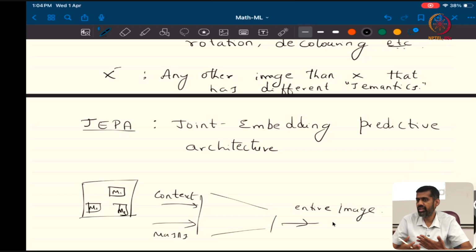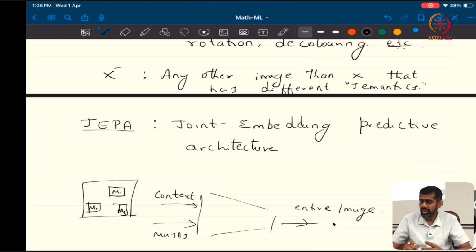The loss is simply the cross entropy, or any favorite loss that you have, between the predicted sequence and the actual sequence. This is called masked autoencoding. This is also called joint embedding predictive architecture. This has also been shown to be extremely strong in learning representations, and this will reduce the requirement for labeled data in the downstream tasks.